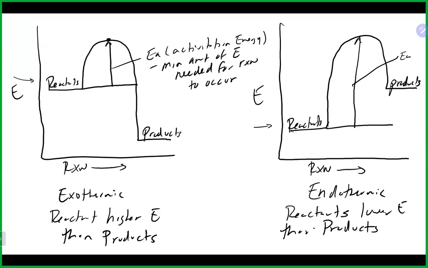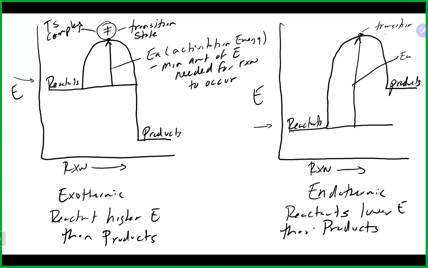When we get to the top of these hills, again, a reminder, this is what is referred to as the transition state. And there's usually a complex up there, which is known as the transition state complex, or activated complex. This would be the transition state.